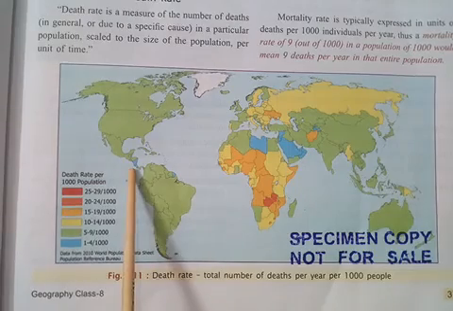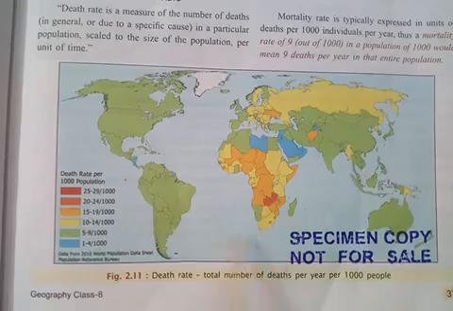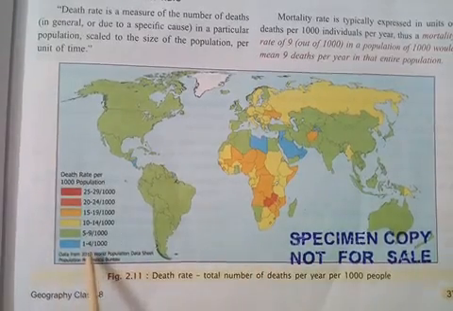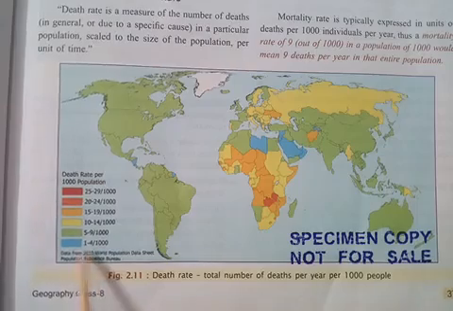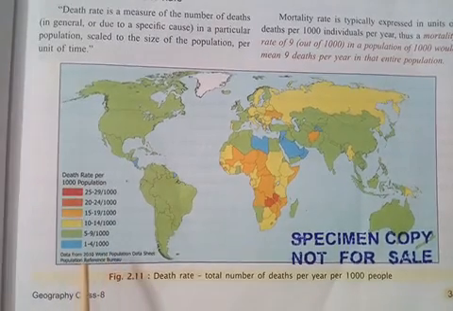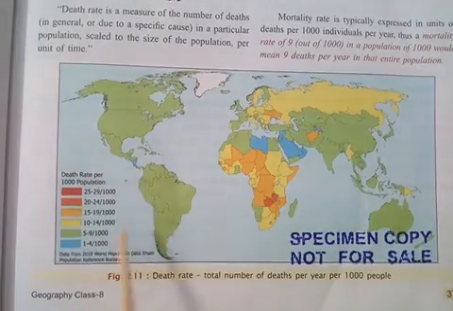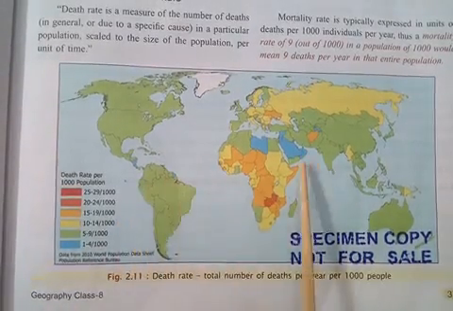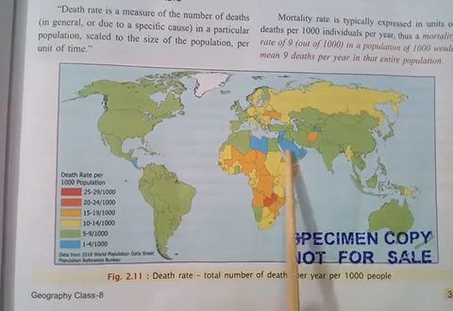Here the death rate is 1 to 4 persons per 1000, meaning only 1 to 4 people die per 1000 population every year. So it is very low. Blue color shows very low death rate.